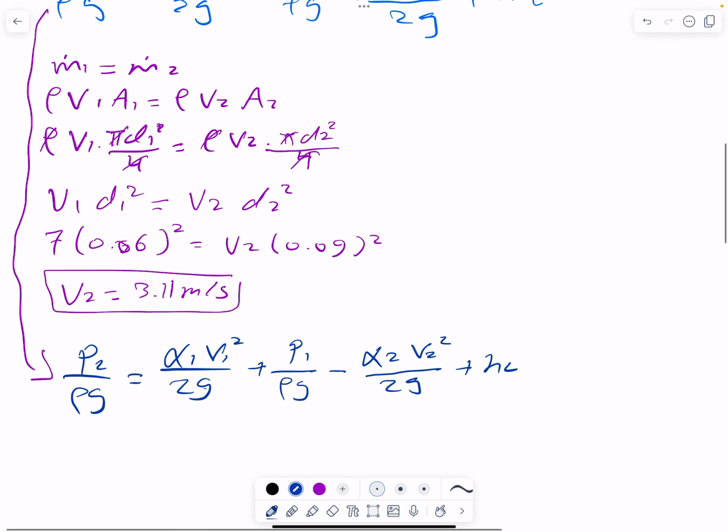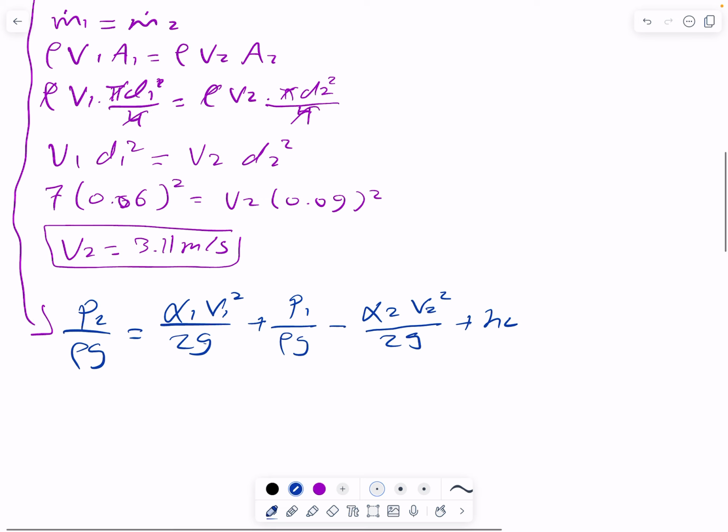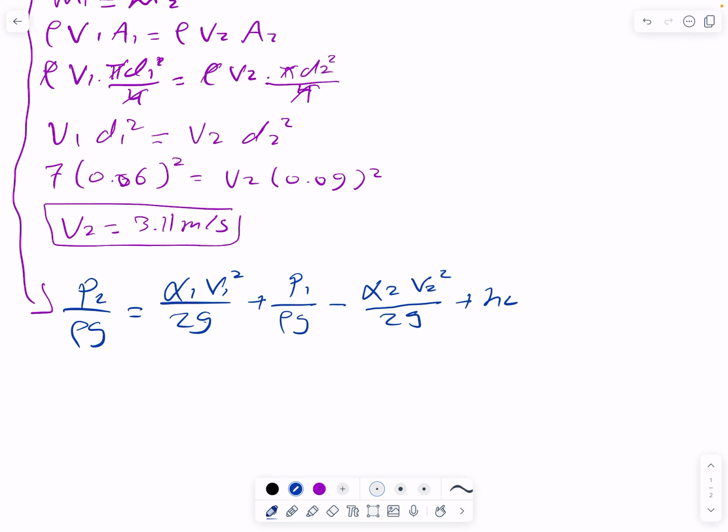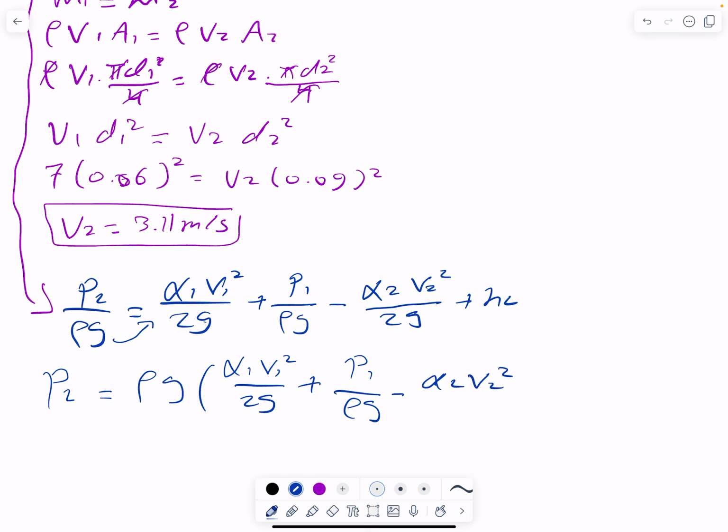Okay, so now I can say that P2 is equal to rho g, because I took this one to the other side, multiplied by alpha 1 V1 squared divided by 2g plus P1 over rho g minus alpha 2 V2 squared over 2g plus the head loss.